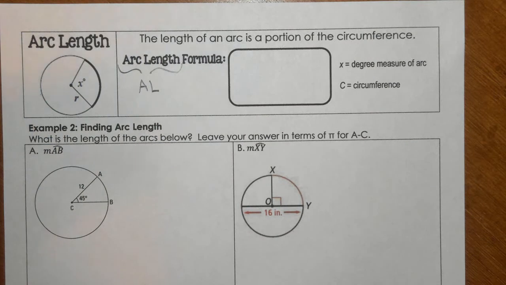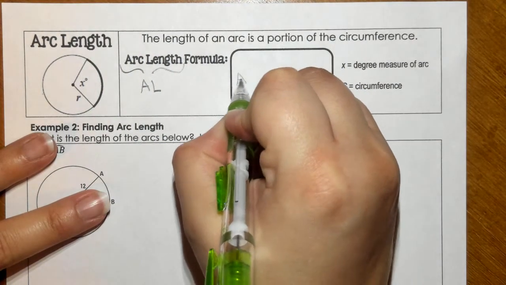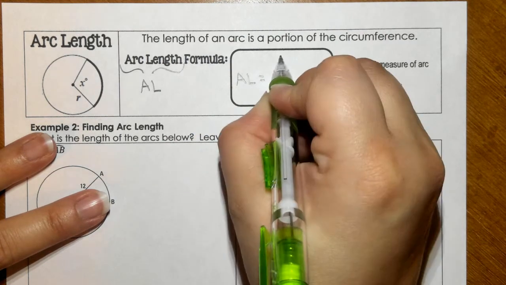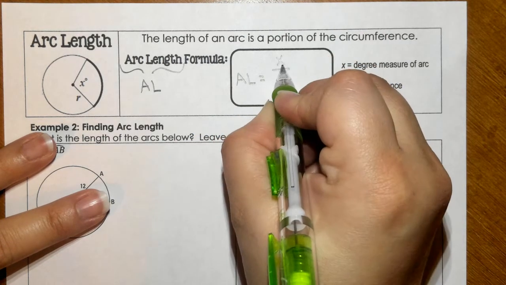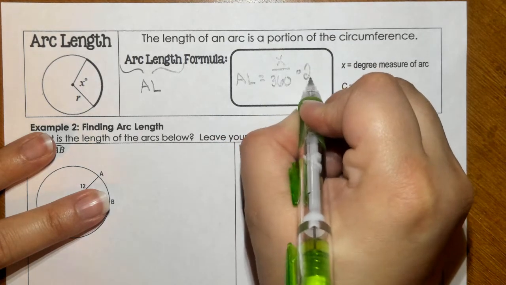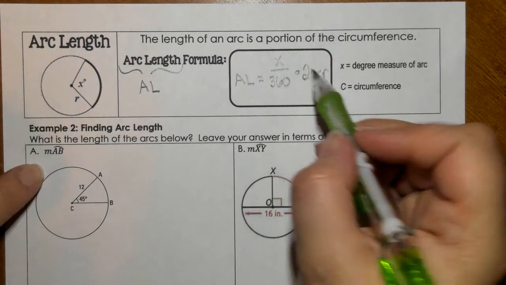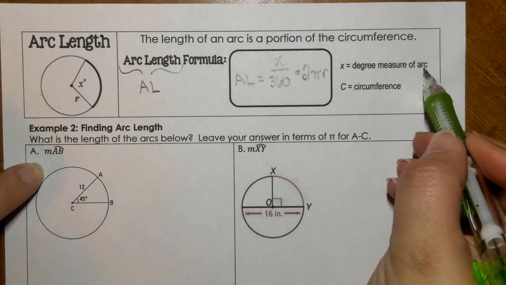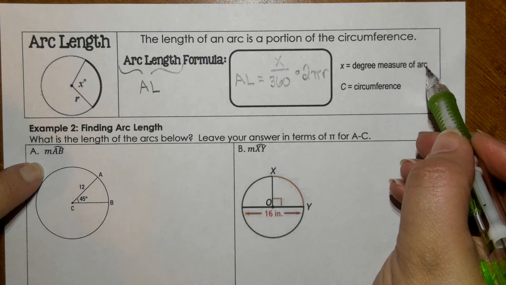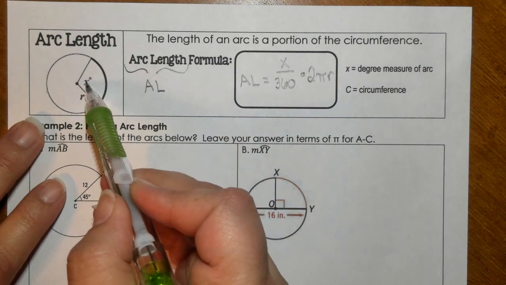So for this, to find the arc length, AL, we would say the arc length equals the angle X over 360 times 2 pi r. Okay, so this X is the degree measure of the arc. Now, if you look at the picture, this is a central angle, X.